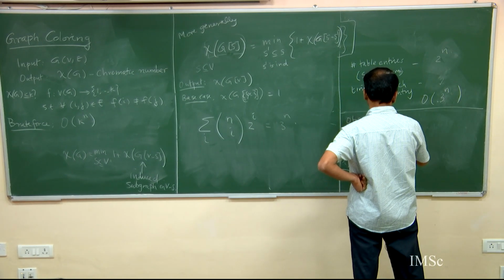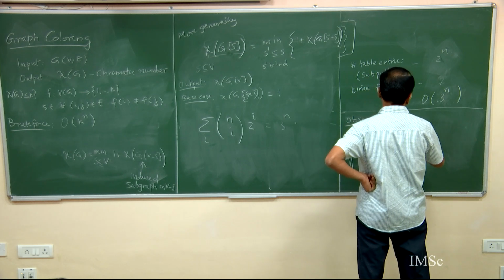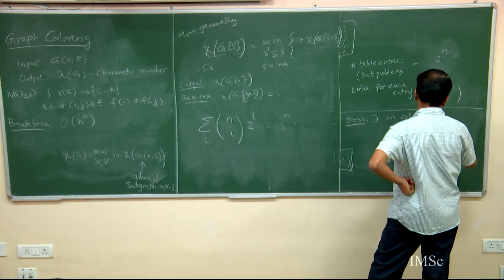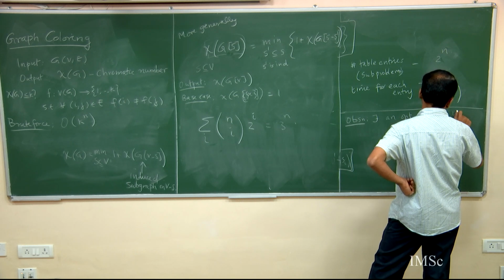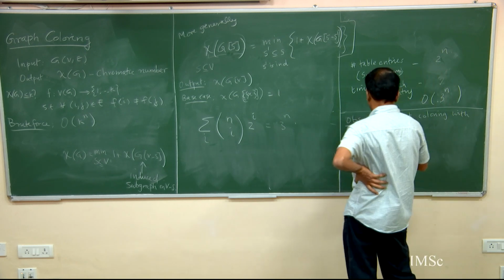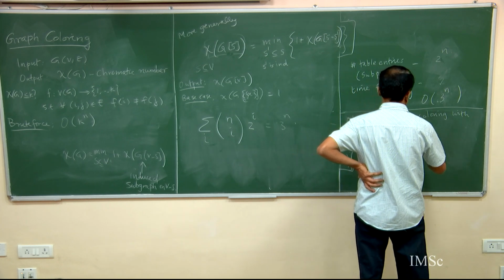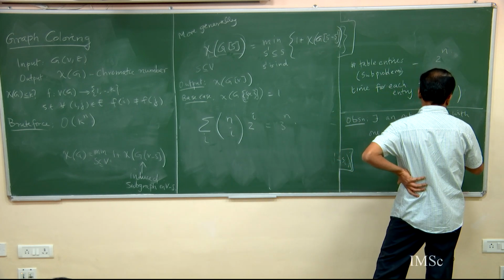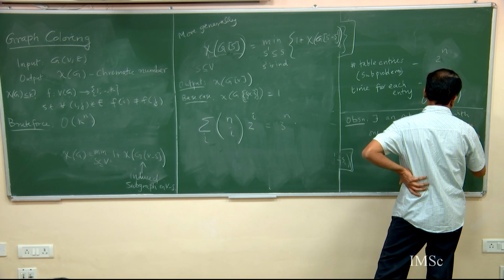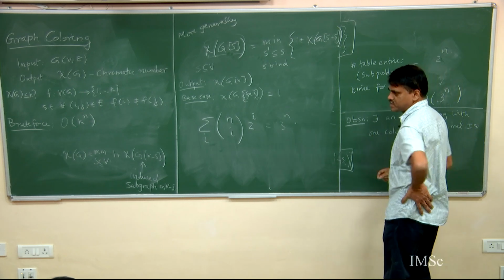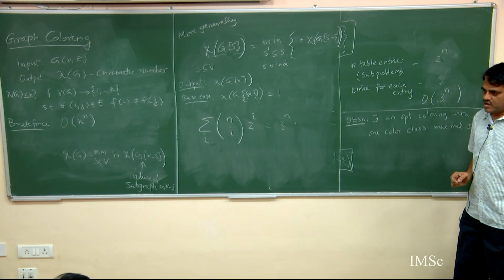There exists an optimum coloring with one color class a maximal independent set. This is not hard.